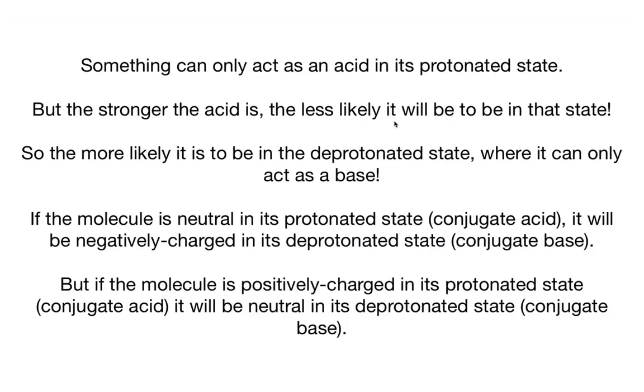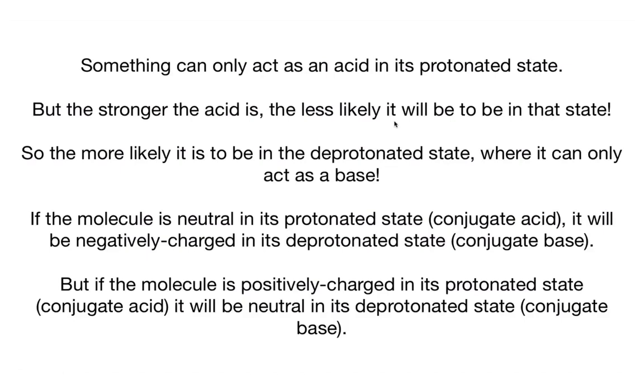So we can't simply look at charge to tell us whether something is an acid or a base. Some acids are neutral in their protonated state and some are positively charged, but they're always going to be one charge less in their deprotonated state, which could be neutral or negatively charged.